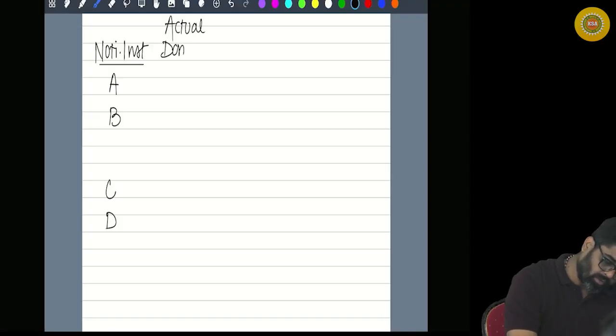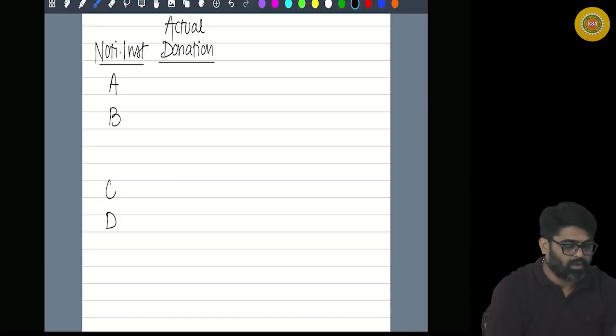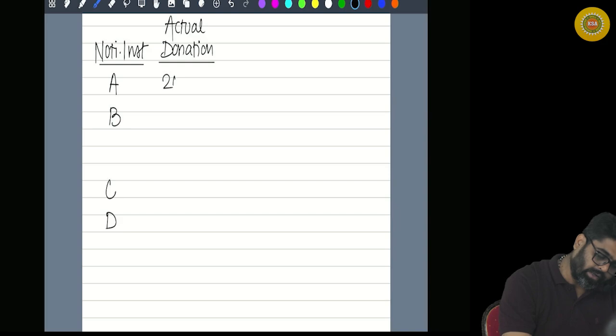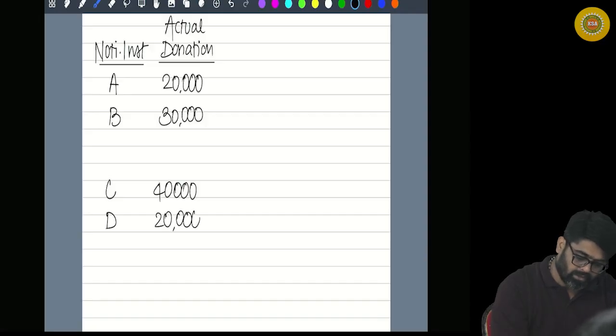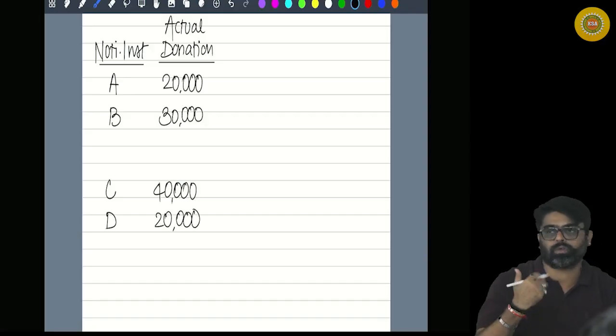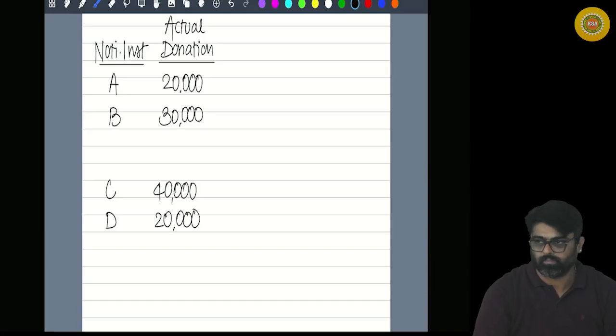Actual amount of donation made to any of these institutions. Okay, for example, I am donating 20,000 to category A, 30,000 to category B, 40,000 to category C, and for example 20,000 to category D. This is the actual amount which you have donated during the previous year.